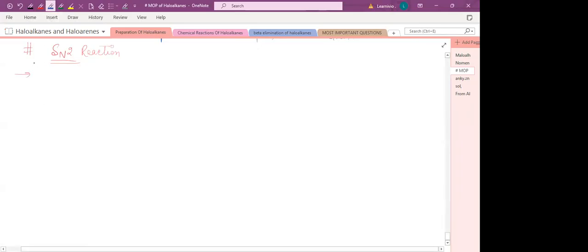Okay, write on the first point: SN2 refers to bimolecular nucleophilic substitution.